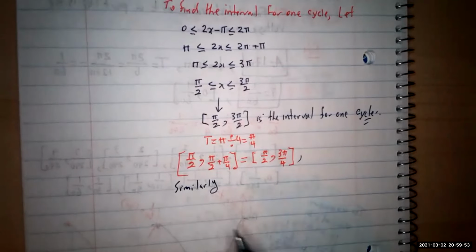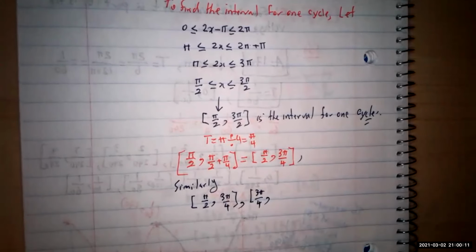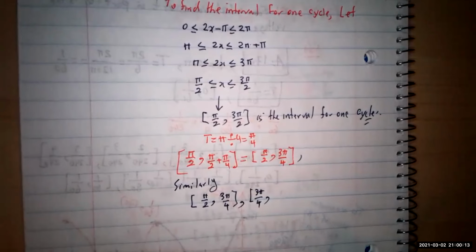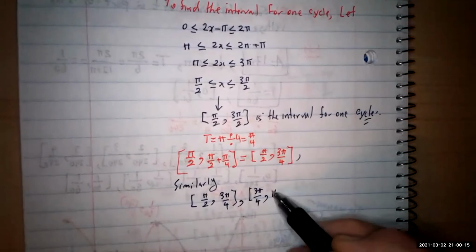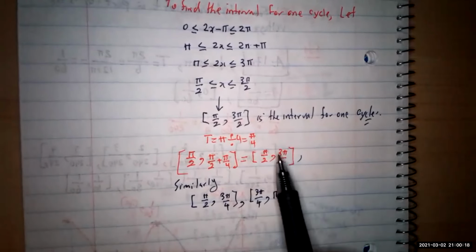The second one starts at 3 pi 4, which is 135. If you add 45 again, that gives you pi. Remember, you must get to 3 pi half. Another pi 4, 225, gives 5 pi 4.